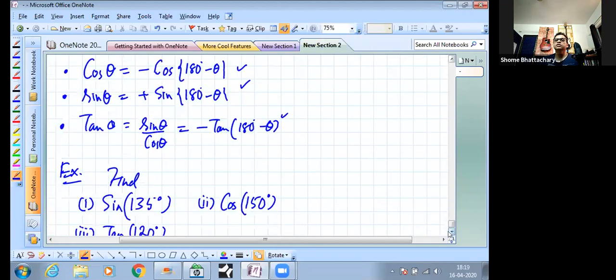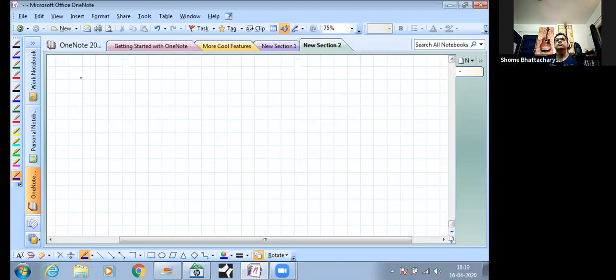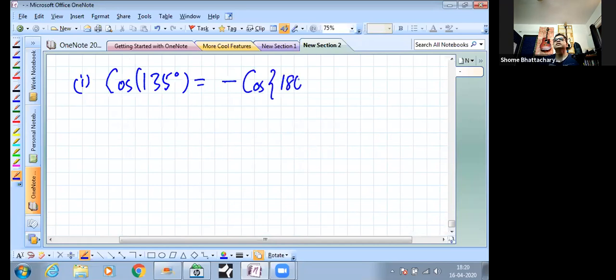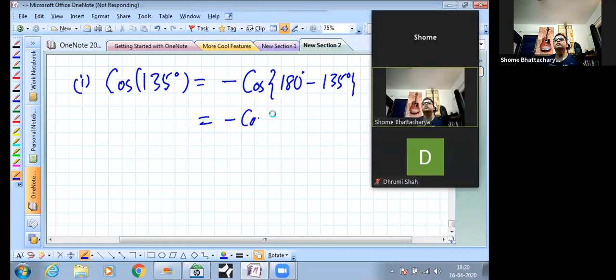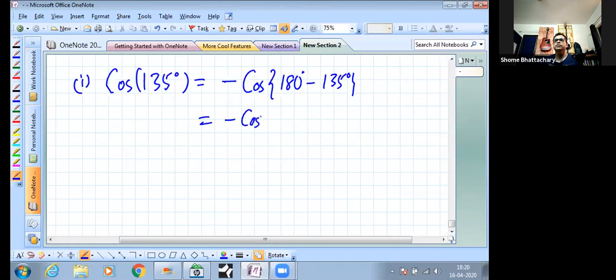So we'll just use these formulas. In the case of cos of 135, for example, I'll use the formula that cos theta is minus of cos 180 minus theta. In the second quadrant, remember cos is negative. So that makes it minus of cos 45 degrees.